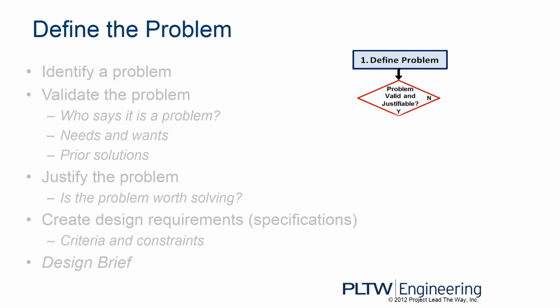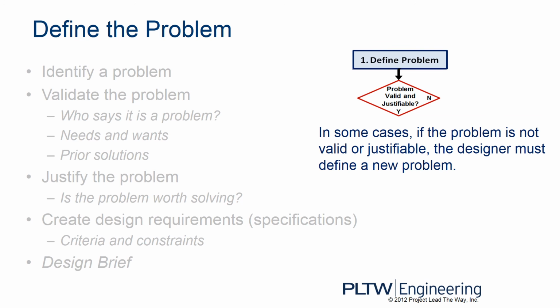Once you have your design brief all complete, before you move to the next step, you need to stop and again say, is it valid and is it justifiable? And if the answer is no, in some cases, you may have to loop back and redefine the problem.